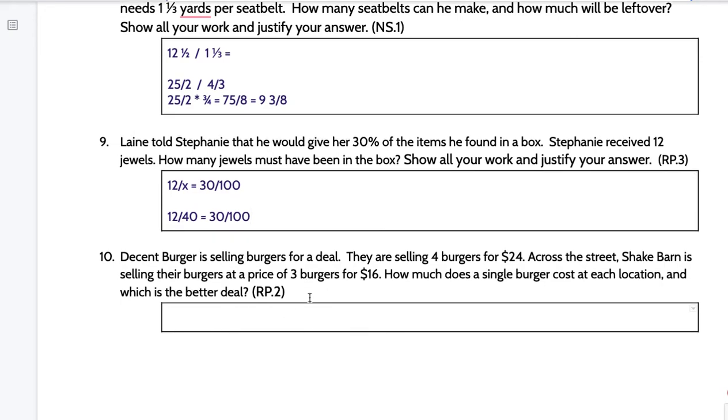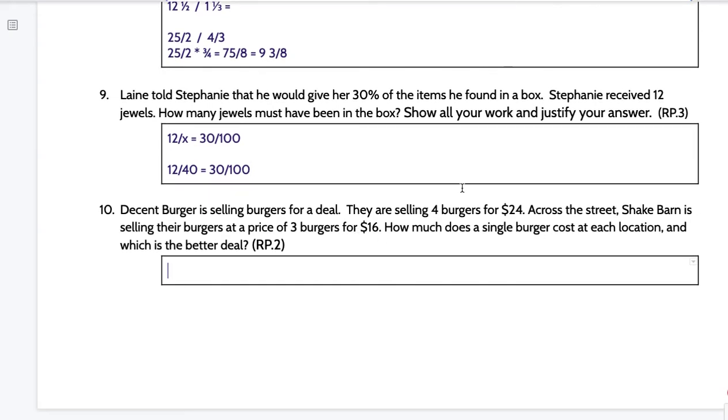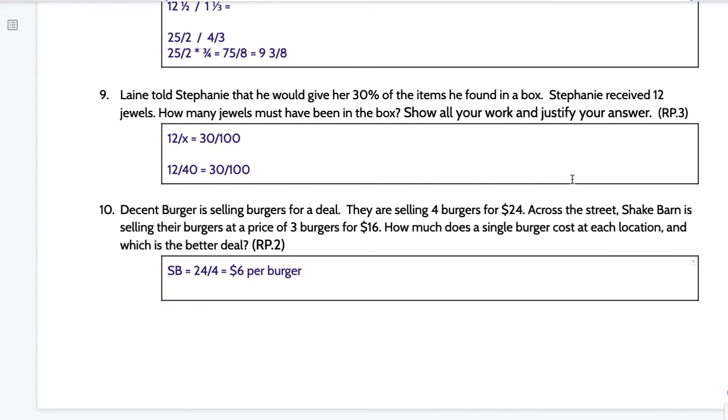Decent Burger and Shake Barn are selling burgers for a deal. Which one is better, right? One's selling burgers for $24 for 4, one's $16 for 3. So you want to find out how much it costs per burger. Decent Burger would be 24 divided by 4, which is $6 per burger. Sorry, this is Decent Burger, and then Shake Barn is the second one.